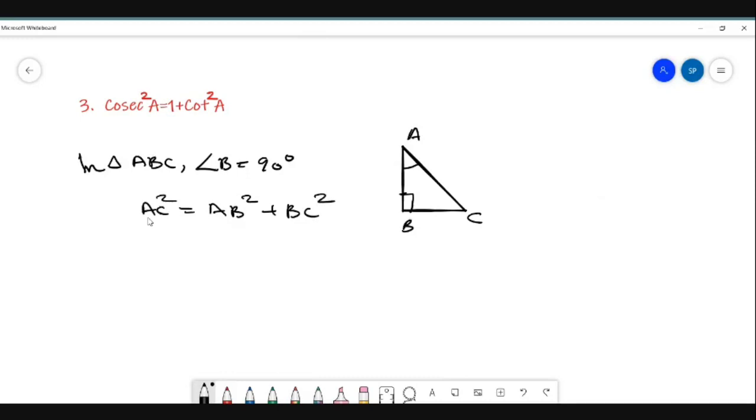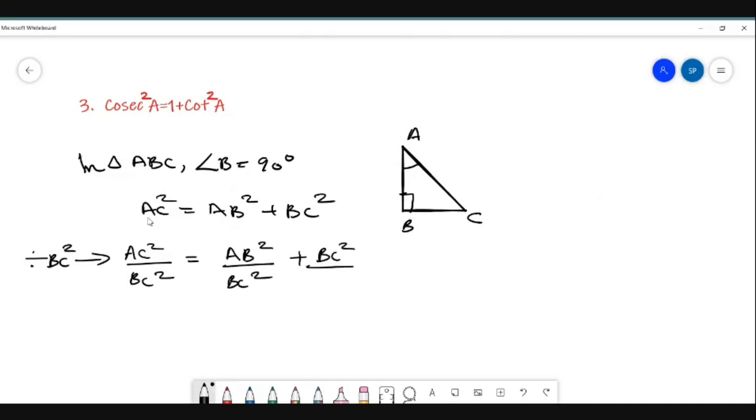So to get the first identity, sine square plus cos square equal to 1, we divided by AC square. To get the second identity, that is connecting sec square and tan square, we divided throughout by AB square. Now we have to divide throughout with the BC square. We get AC square by BC square equal to AB square by BC square plus BC square by BC square.